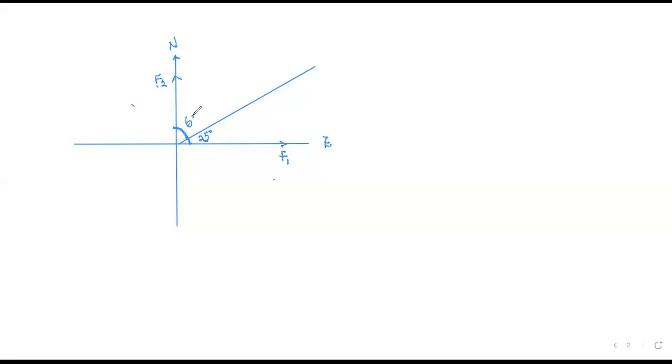That's a 65 degree angle. So this is the resultant, which is equal to 15 Newton. That's how it must be done. F1 makes an angle of 25 with the resultant. F2 also makes an angle of 65 with the resultant.